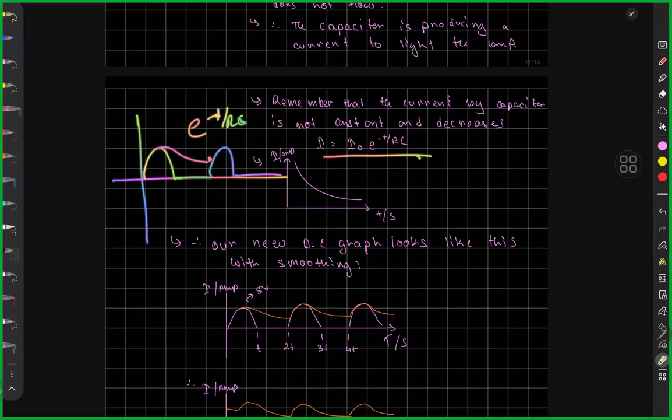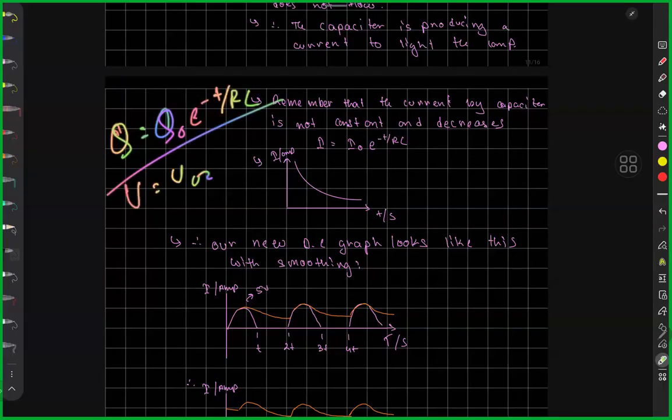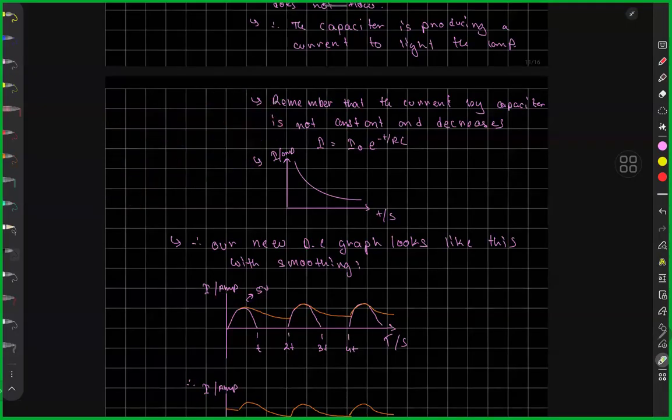Basically, how long it takes, or the variation of current, voltage, or charge in the capacitor with respect to time. If you remember, Q equals Q naught e to the power minus t by RC. Similarly, V equals V naught e to the power minus t by RC. You guys should remember these formulas.